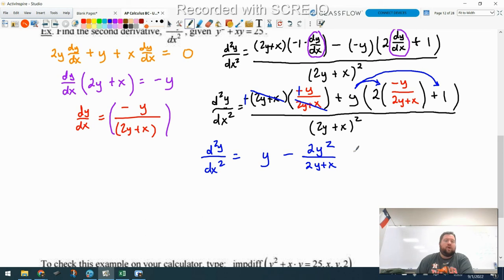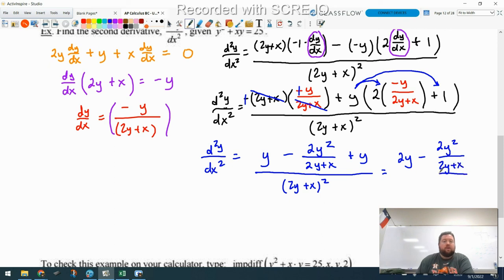And then y times 1 is plus y. All right, I'm going to do a real quick little simplify. We have a y plus y, so I'm going to write that as 2y minus 2y squared over 2y plus x, all over 2y plus x squared.